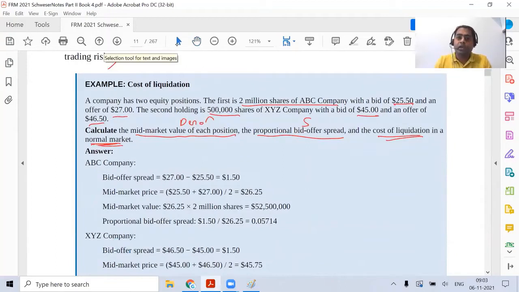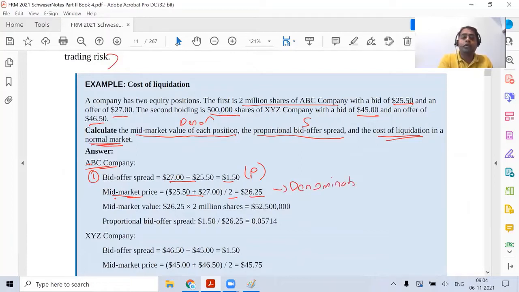Let us look at the calculation. They are first talking about the first asset, which is ABC company. The bid ask spread, this was your P in the formula. The mid market quote average, this is your denominator. Mid market value, can we see this?